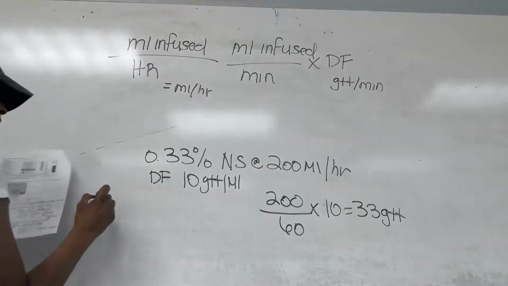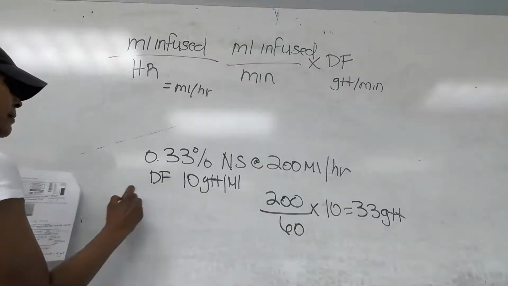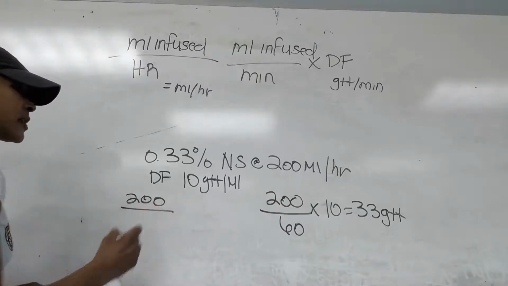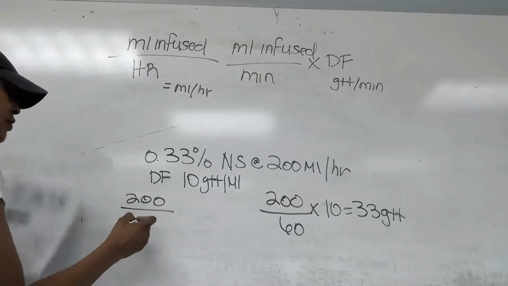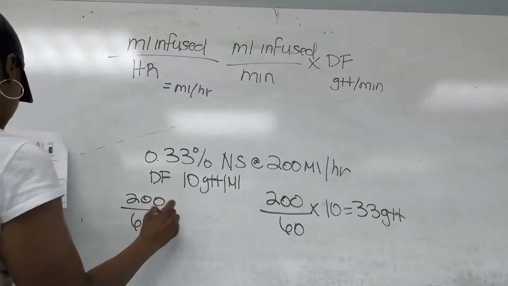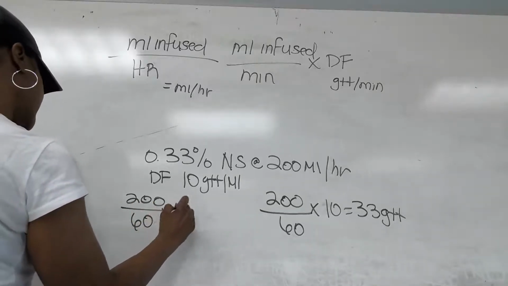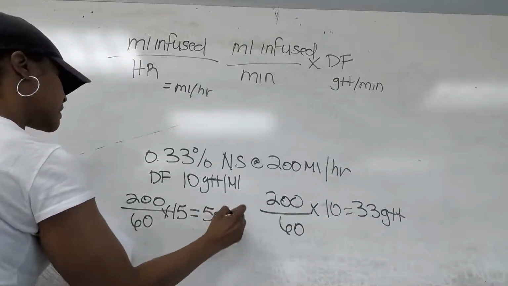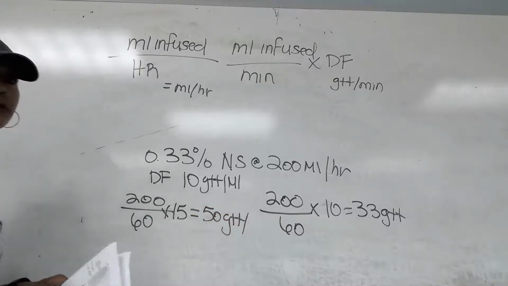Okay. B, it's the same setup. 200, that's the best thing about this. It's the same setup. All you're doing is changing the drop factor. So it's 200 divided by 60 times the next drop factor, which is 15, and it is 50 GTT per minute.